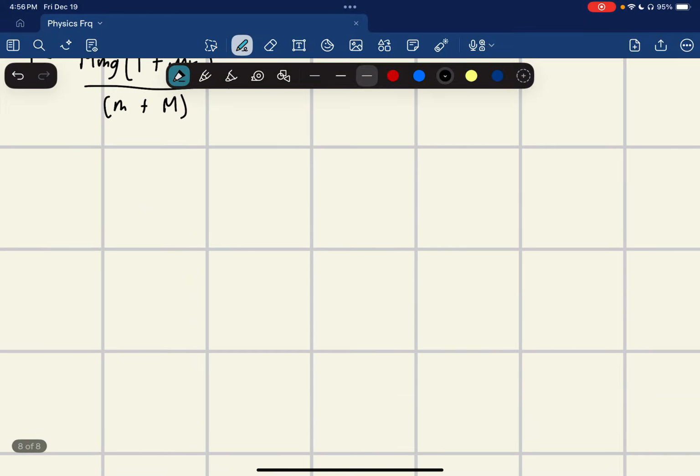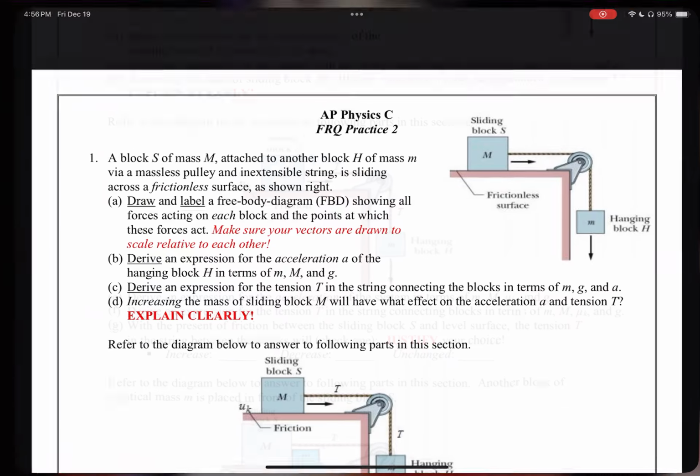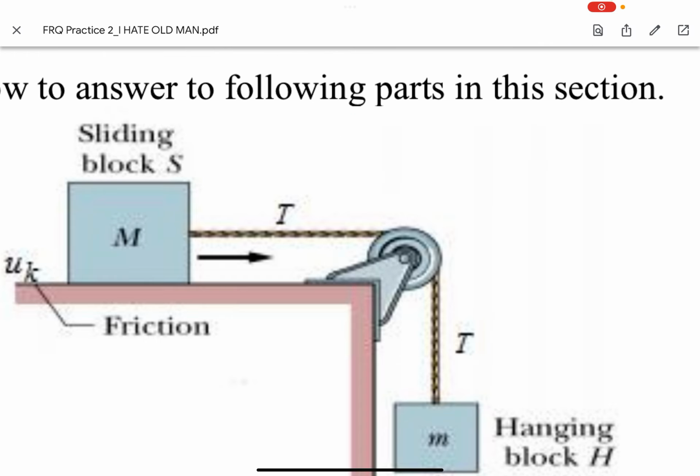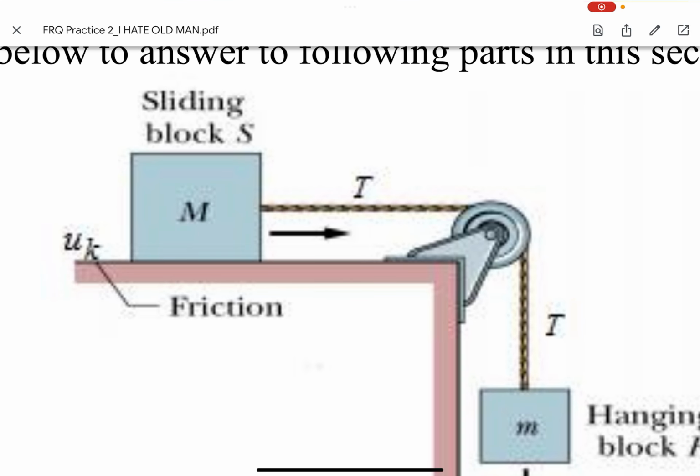Okay. G. It says that with the presence of friction between the sliding block S and the level surface, the tension T in the string between the blocks will... So the tension would increase because if you think about it, the T here needs more force to pull block S because there's going to be a force pulling it backwards now.